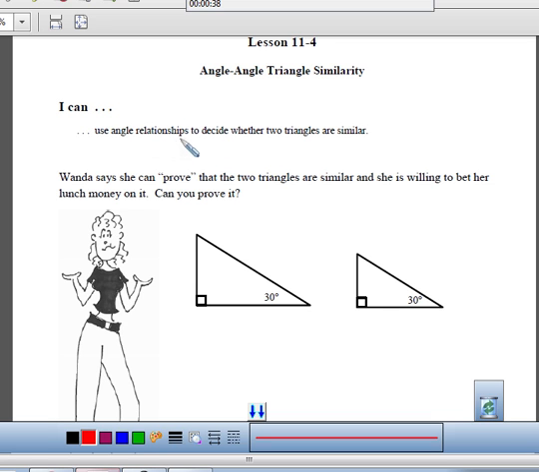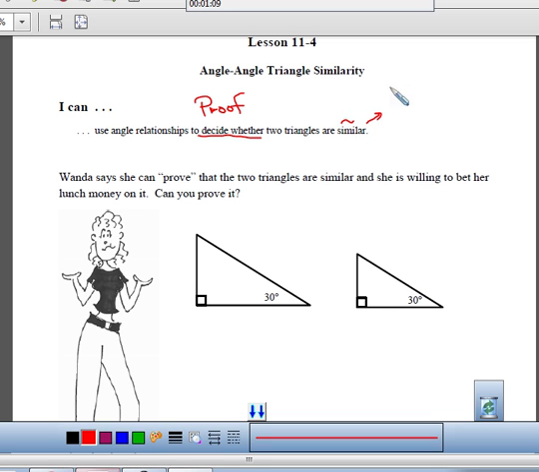When you decide whether two triangles are similar, you're doing what's known as a proof. Or you're proving whether it's true or whether it's false. And remember, similar means, so here's the symbol for similar.